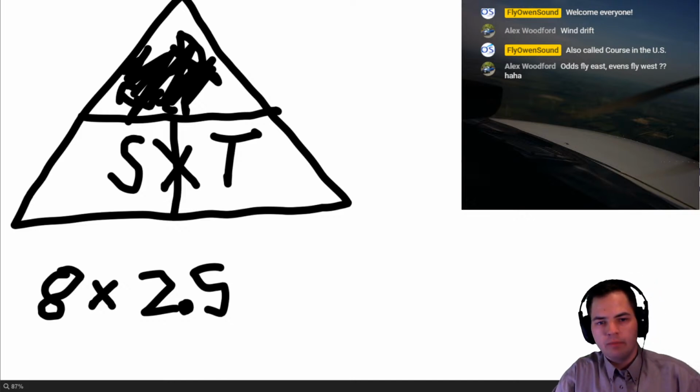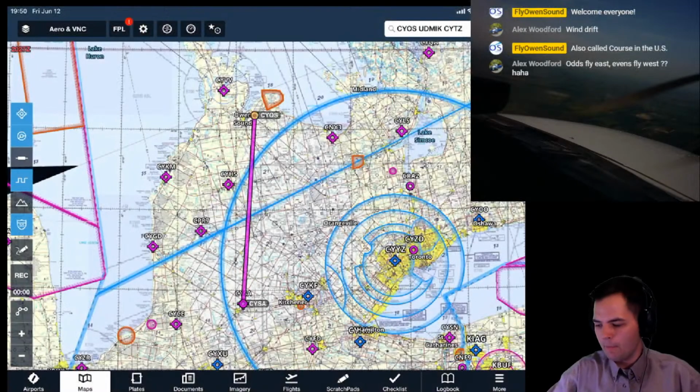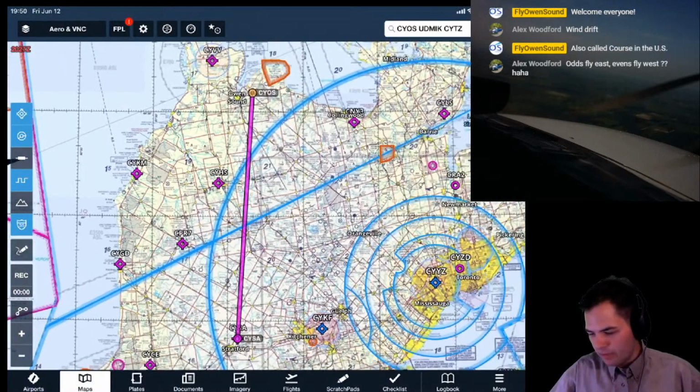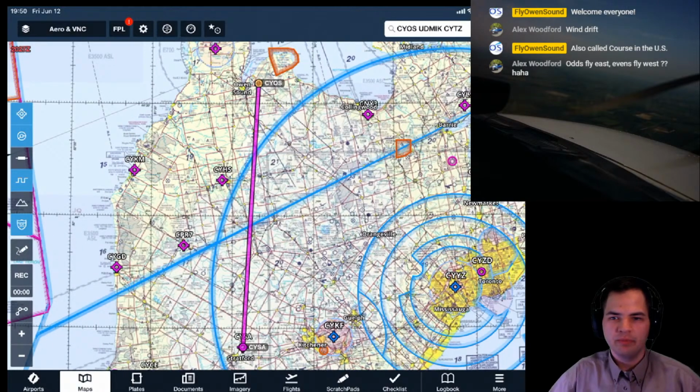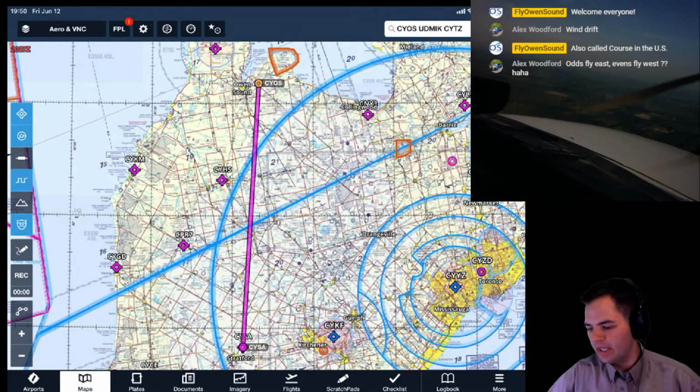Cool. Where I wanted to leave off, let me switch back to the map. Okay, so we're taking off on our trip, going from Owen Sound to Stratford, and we want to call ahead.